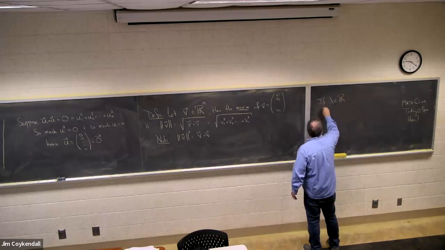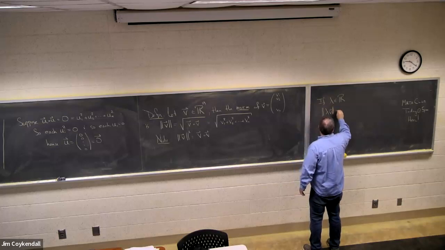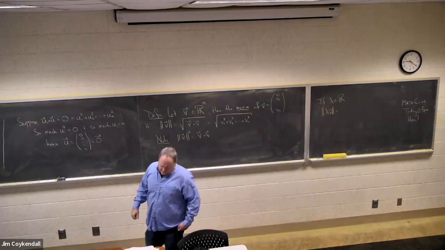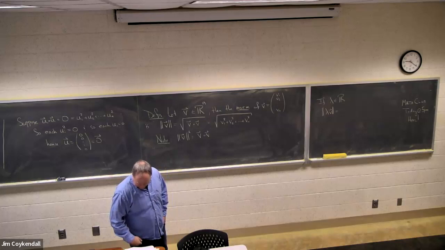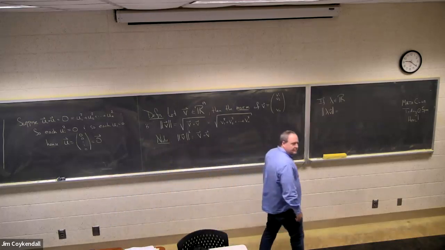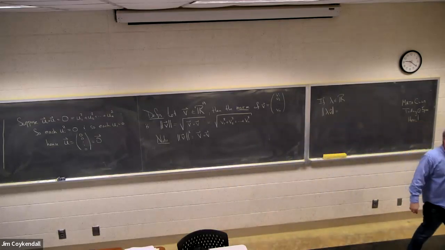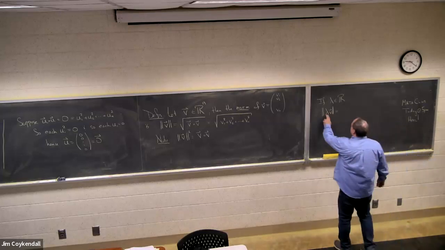And let me also point out that, you want to tell me what that is? So what do you suppose happens to the norm of a scaled vector? So I've got some vector B, and I scale it by lambda.